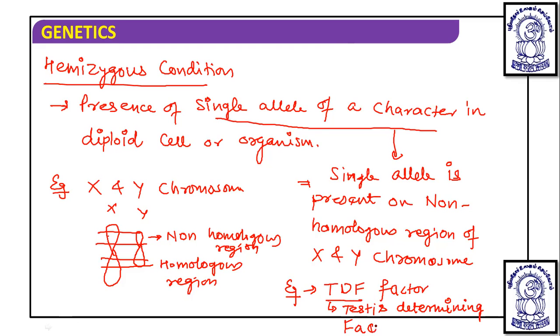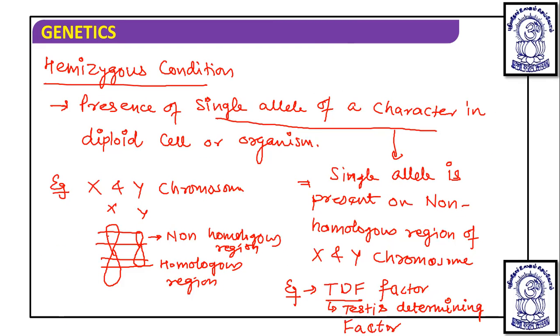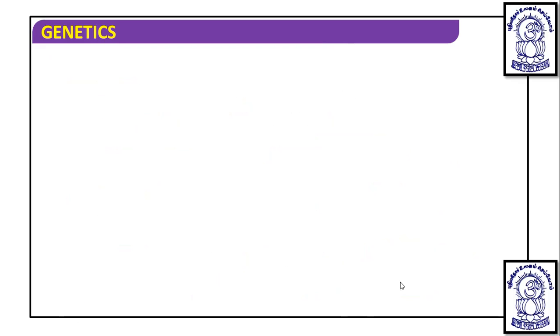It is present on the Y chromosome only. So it is linked to the Y chromosome only. So we call it a hemizygous gene. Okay. So this is the thing about the hemizygous condition.